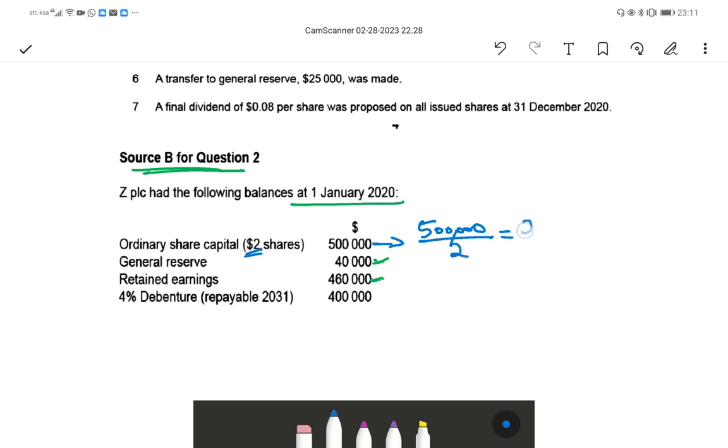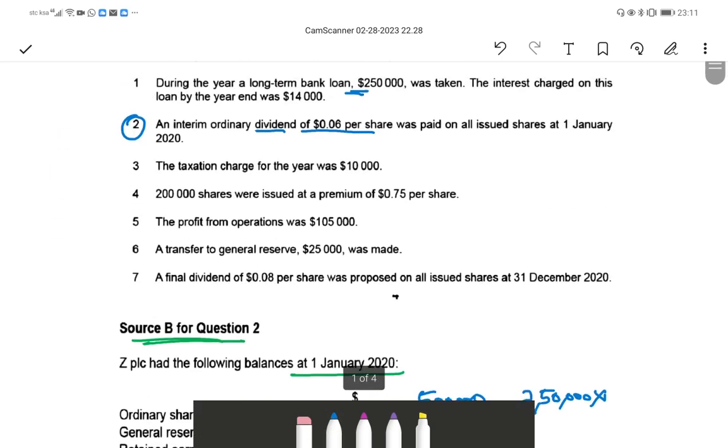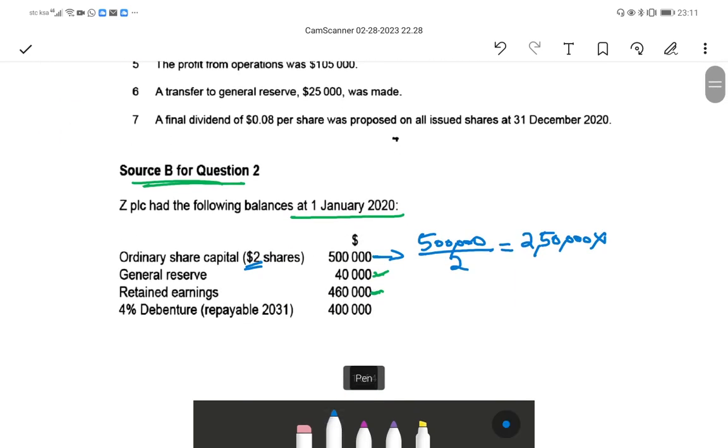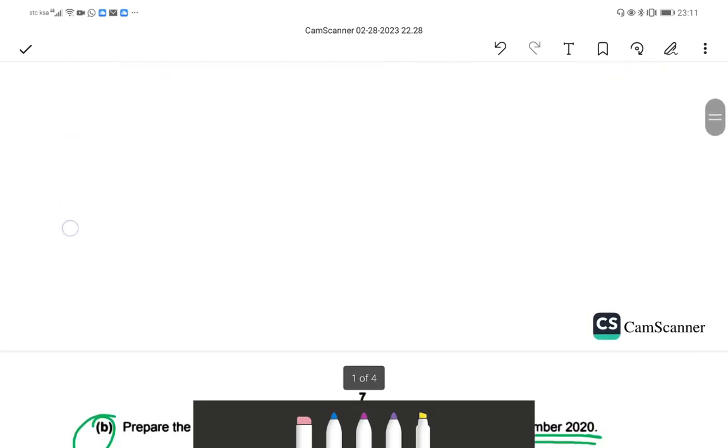So we have 250,000 shares multiplied by the dividend 0.06 is equal to 15,000. So dividend paid 15,000.